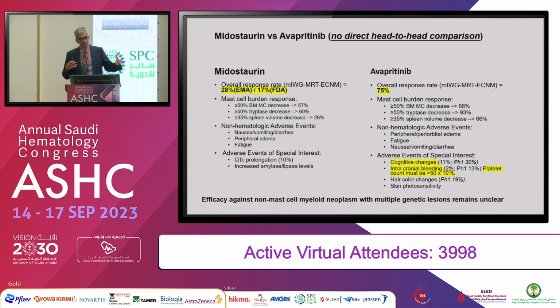And if your patient has a platelet count less than 50,000, you have to stop the avapritinib, maybe transfuse the patient, etc. But this is a significant barrier to the large group of patients who have an associated myeloid neoplasm and are likely to be thrombocytopenic from their disease.